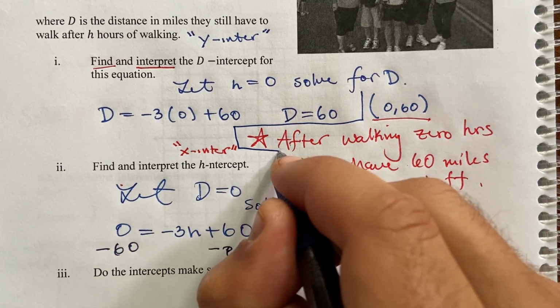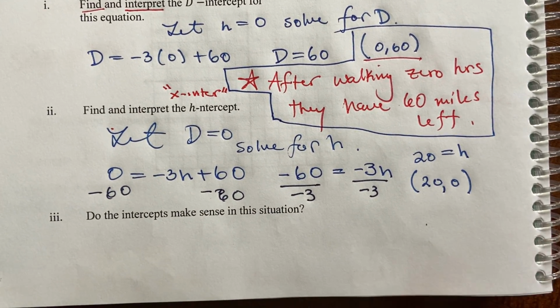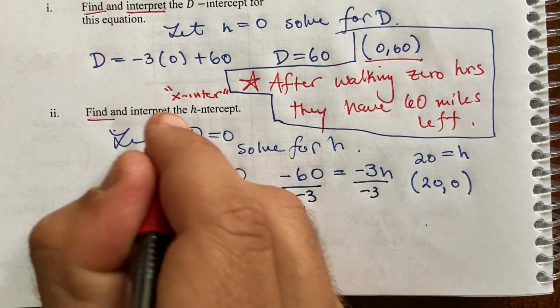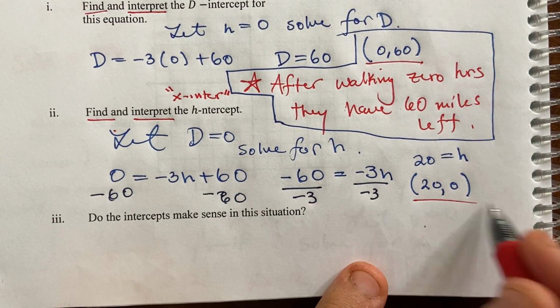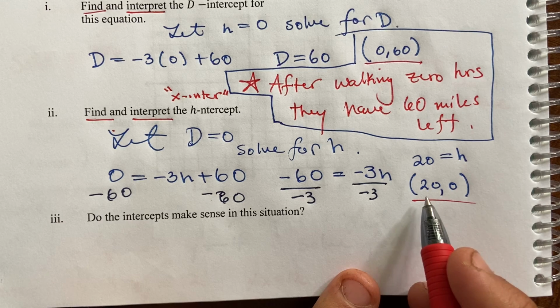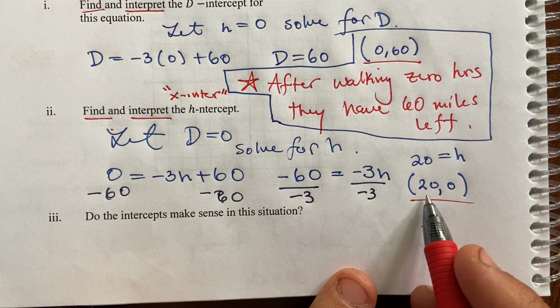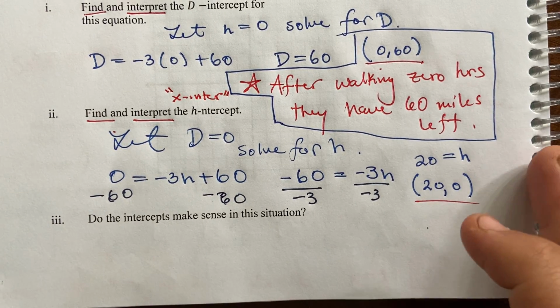I was going to box this. So here's my h-intercept, and then again, we need to find and interpret, right? So this is the find part. So this would mean that they've walked for 20 hours. Now we have 20 in the h component, and d is 0 at that moment. So what is our interpretation of that?